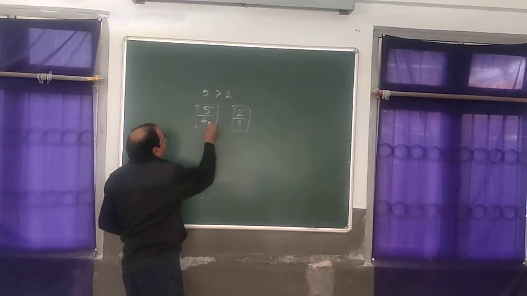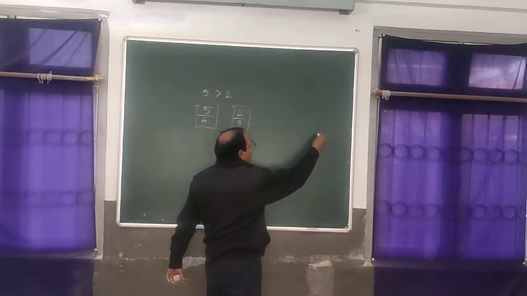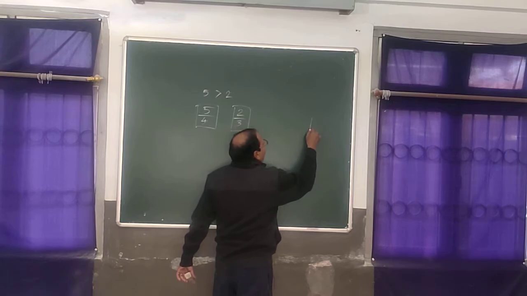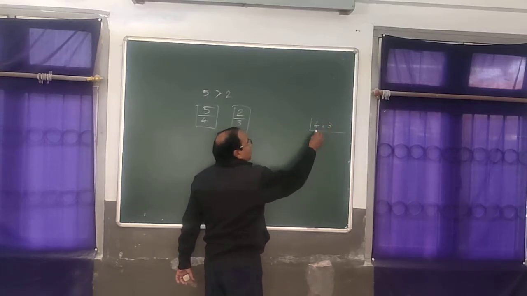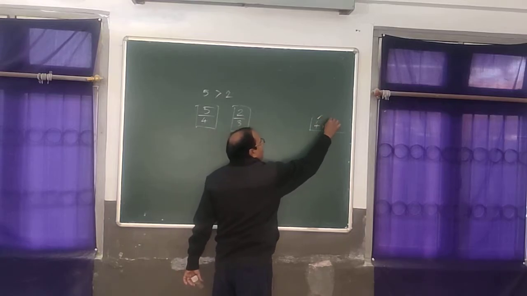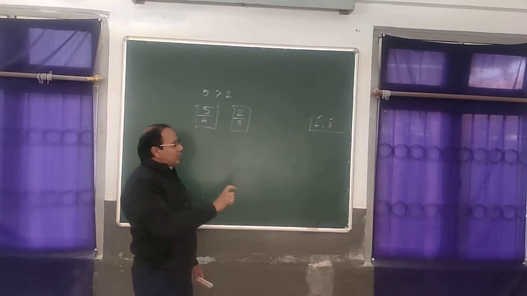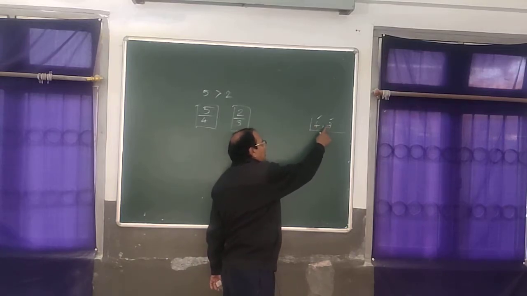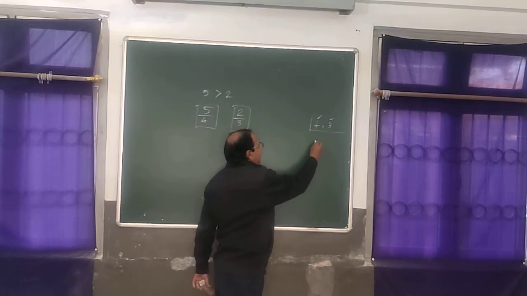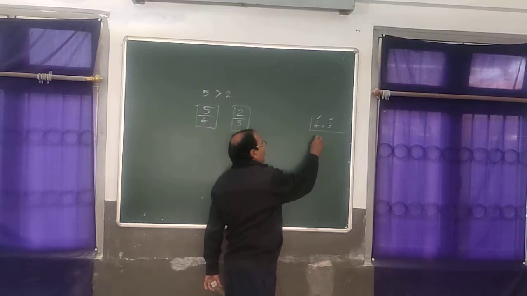Now we will go for the LCM of the denominators 4 and 3. Actually 4 is not a prime number, but we can say they are relatively prime numbers. So we can say their LCM is 12.